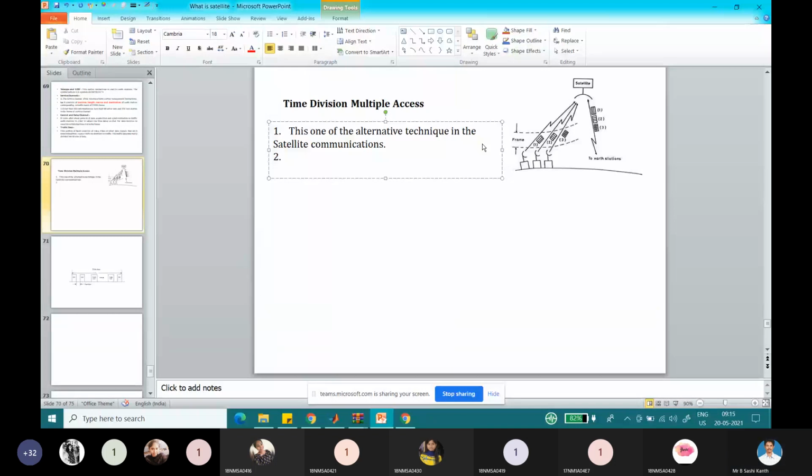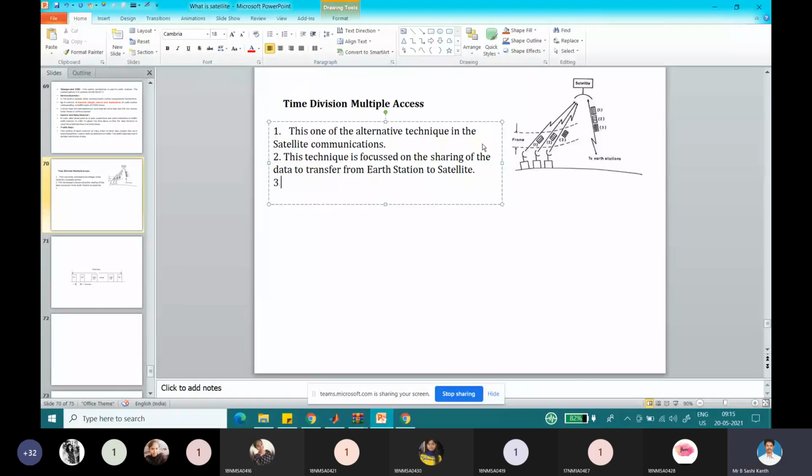This technique is focused on the sharing of data to transfer from Earth station to satellite.